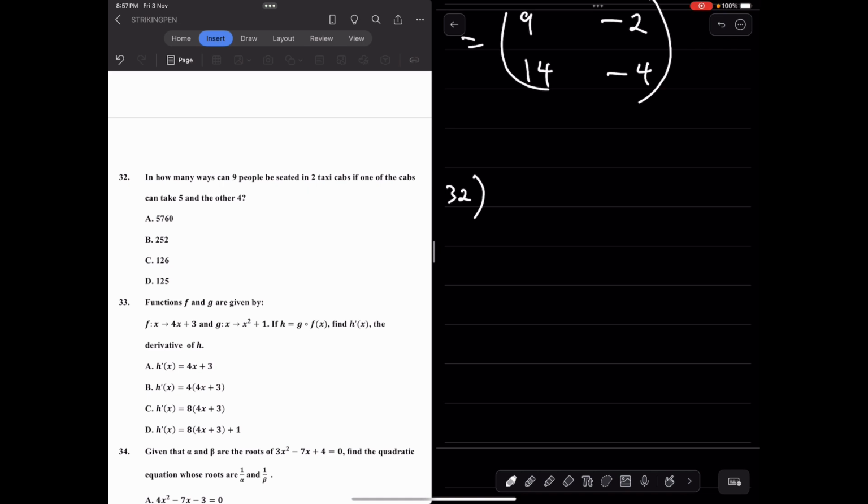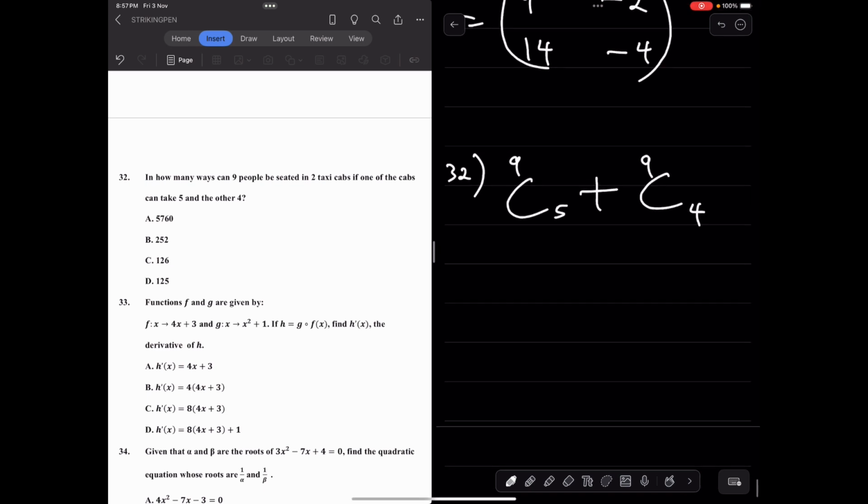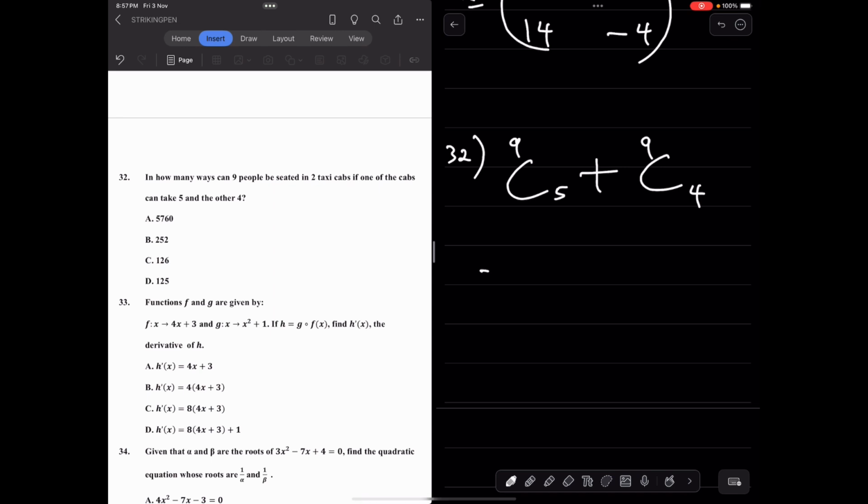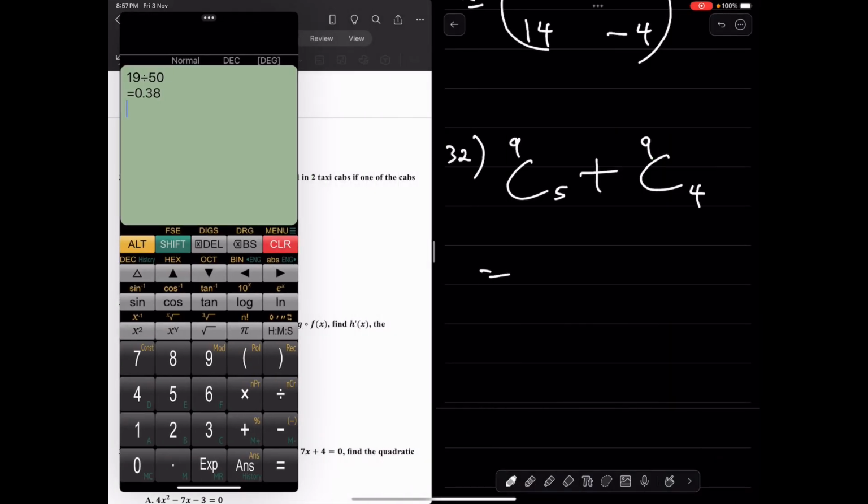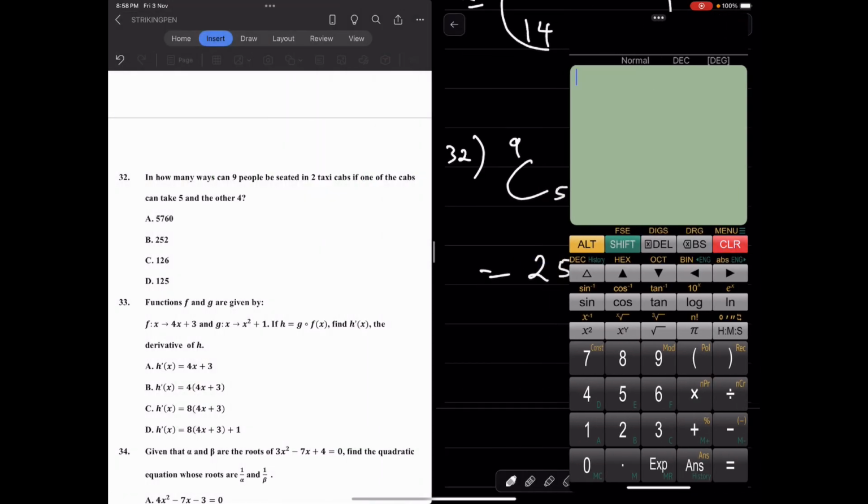That's simply the number of ways of selecting 5 out of 9 things, or the number of ways of selecting 4 out of 9 things, which is simply 9C5 plus 9C4, and that's equal to, let's do that on a calculator, 9C5 plus 9C4, and the answer is 252. So the number of ways is 252.